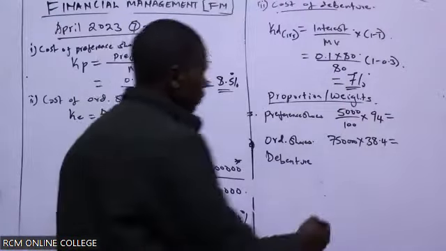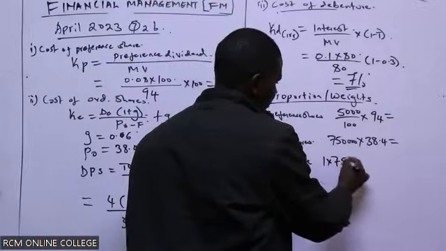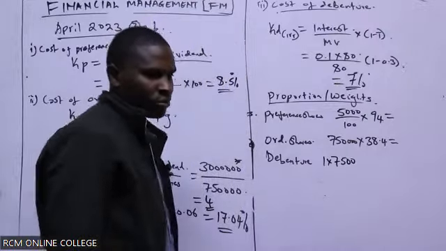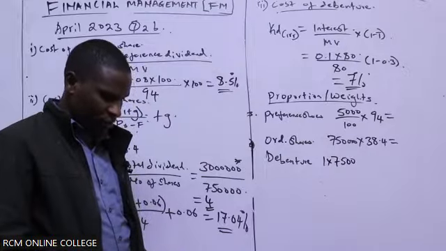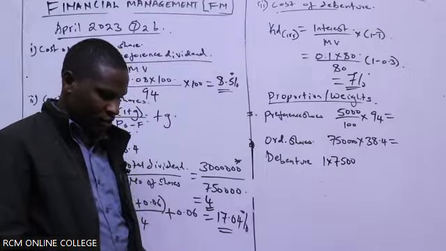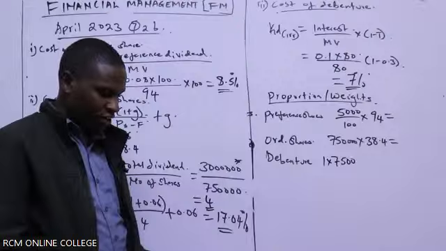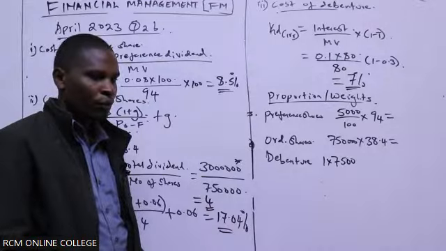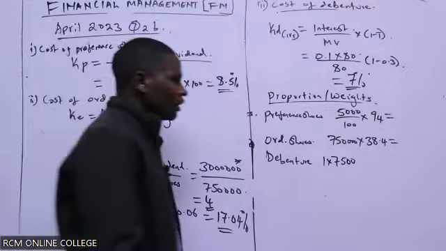So do you think our debenture itakuwa affected kweli? Will it be affected by anything else? Sioni kama itakuwa affected by any other thing, because even this market price, the par was not there. So our debenture will remain the same.